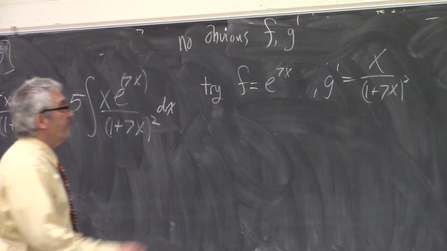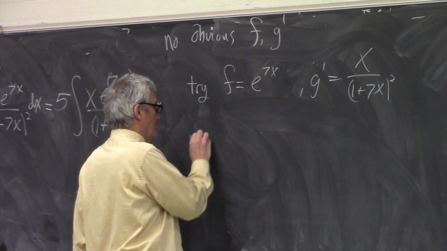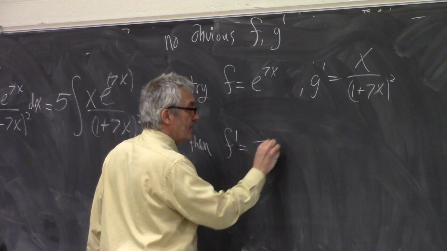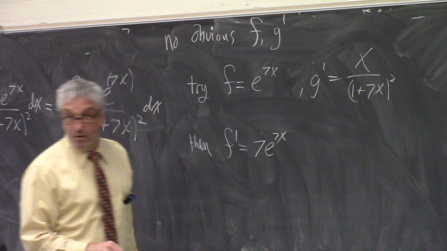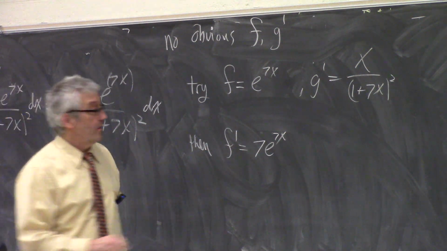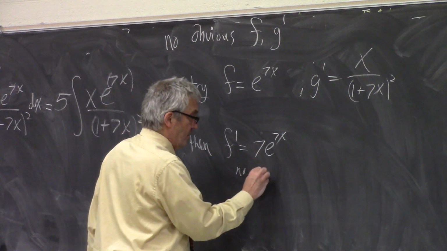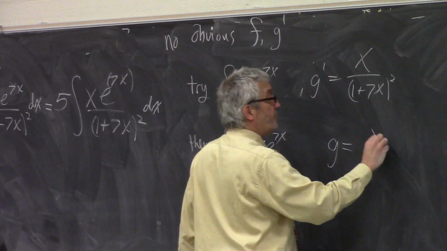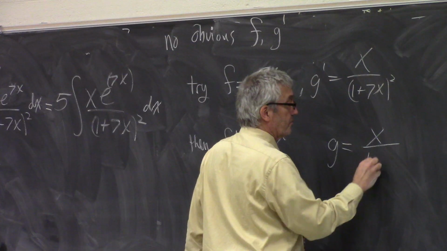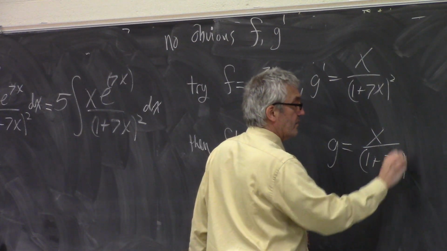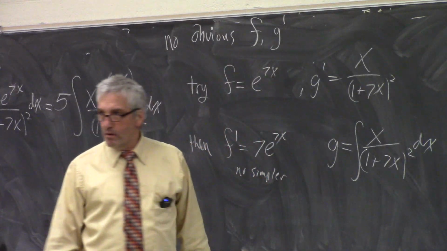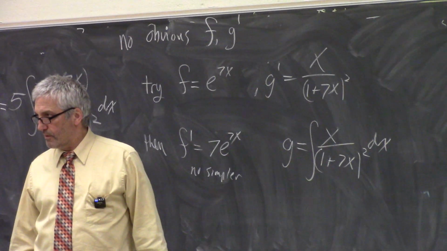Okay, well then f prime would be 7 e to the 7x. Notice that's no simpler. And what would g be? g would be this integral, x over (1 plus 7x) squared. And I don't know, that's not a good problem.